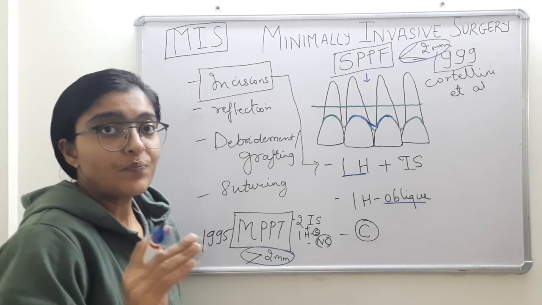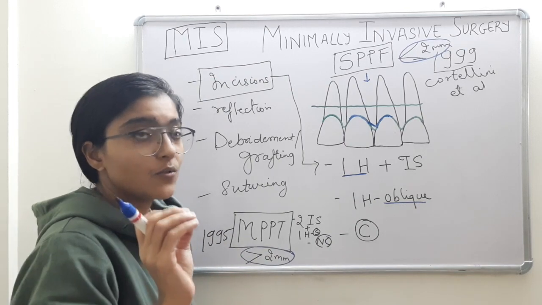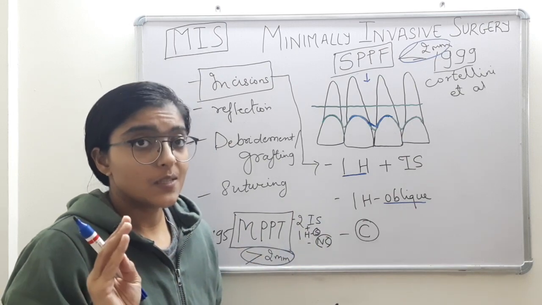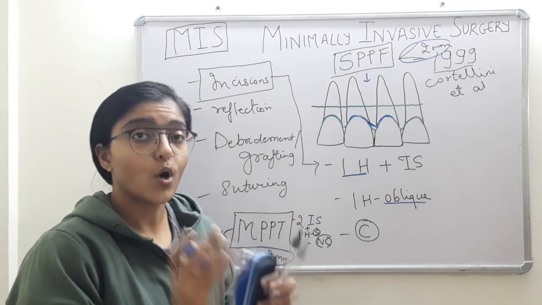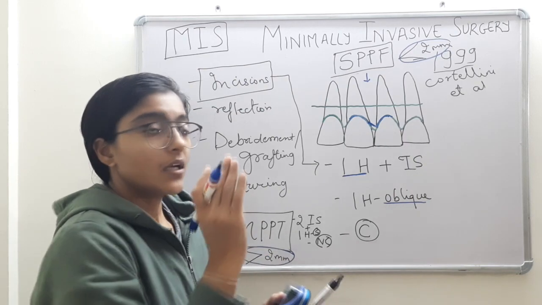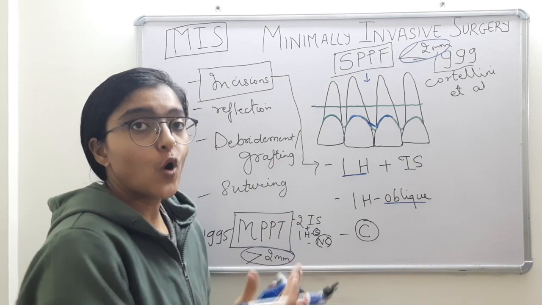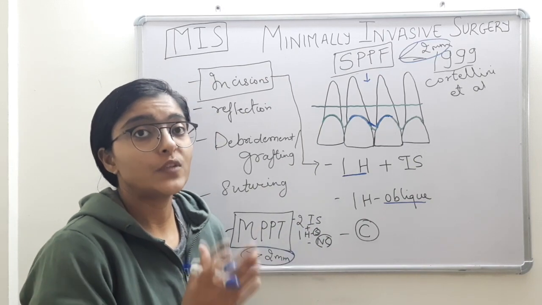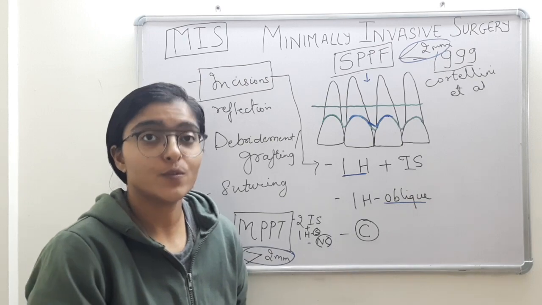Clear? So, the summary conclusion of this discussion is MPPT and SPPF are originally modifications of papilla preservation flap, but these two techniques form the foundations, or the pillars, of the next technique proposed by Cortellini.